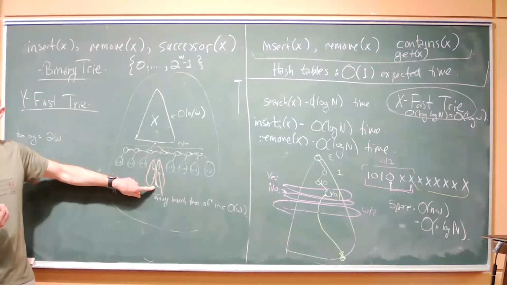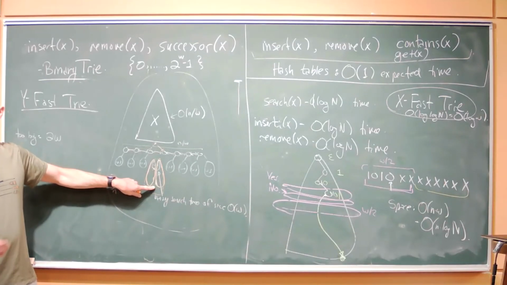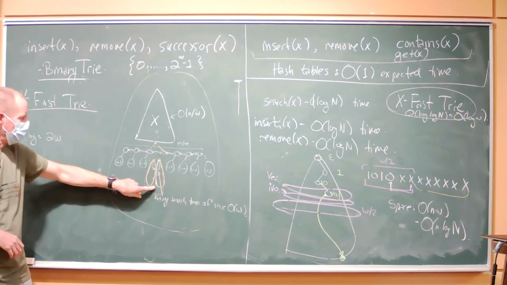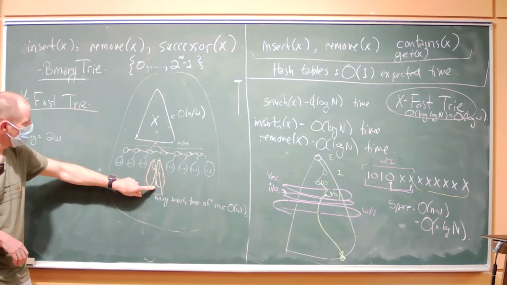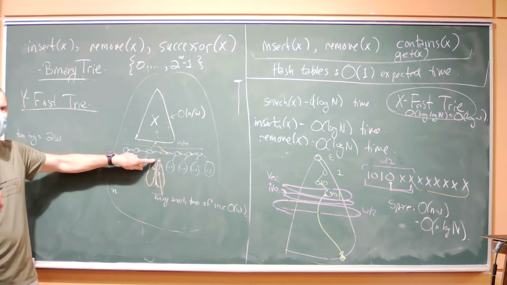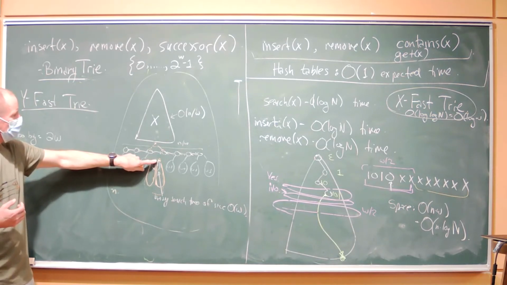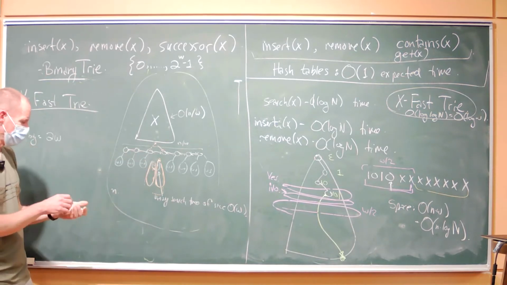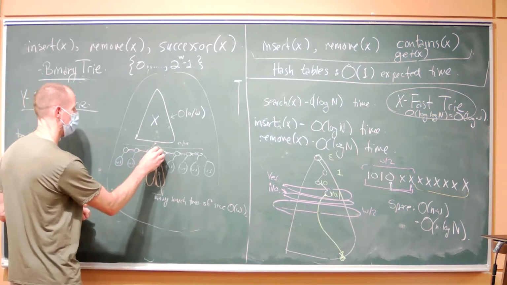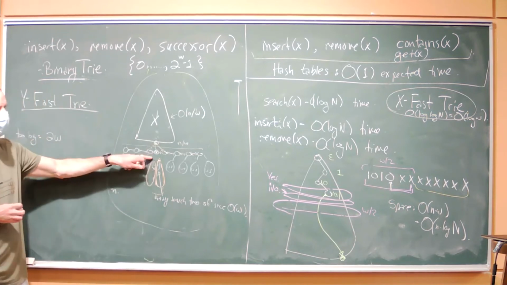The way you can do a split on a treap is you take a value, you rotate it until it becomes the root, and then you cut out the root, which is perfect for us because that will split it into two trees, and the one that we took out as the root and cut away is not in either of the trees, and so we'll put it into the XFast tree.